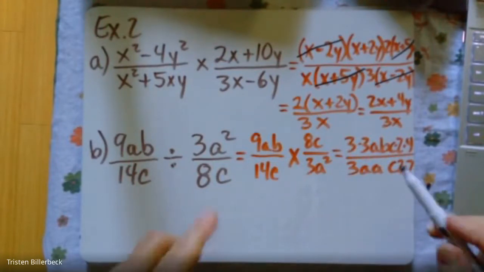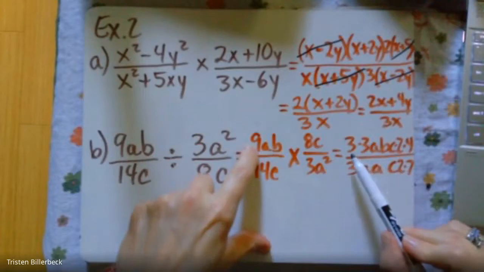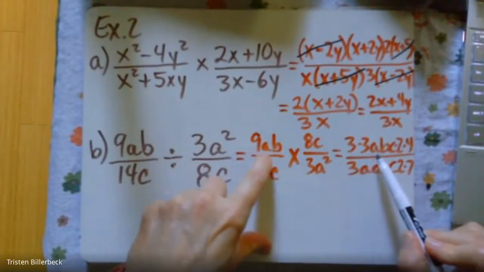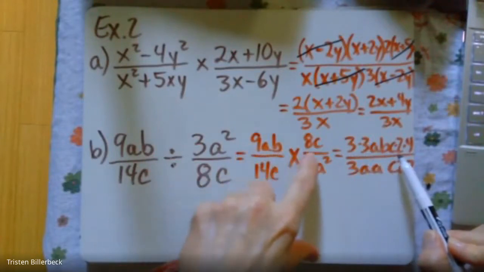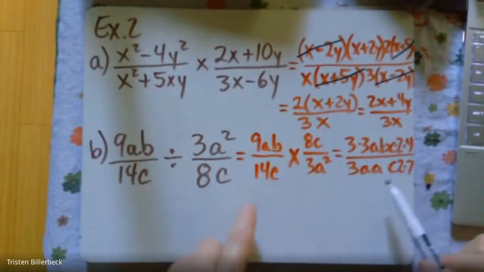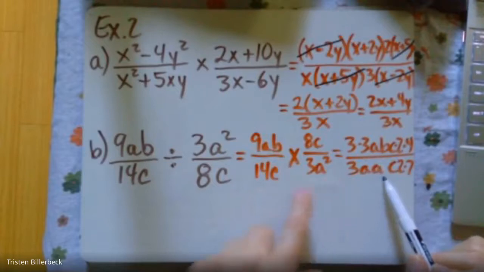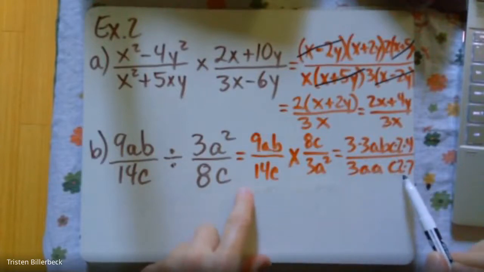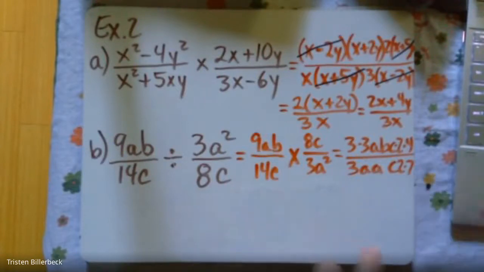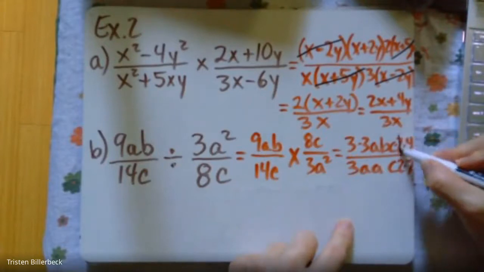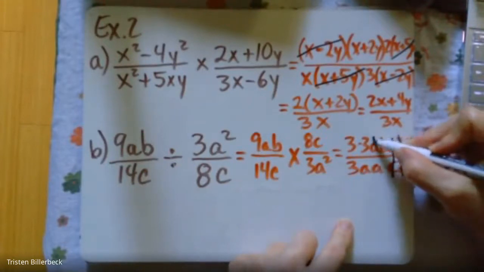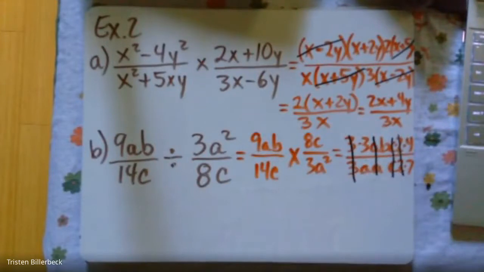And we might want to make sure we didn't mess up at all. So 9 is 3 times 3, a, b, c, and 8. This is 3a squared, c, and 2 times 7 is 14. Cancellation wars, boom, boom, boom, and boom.